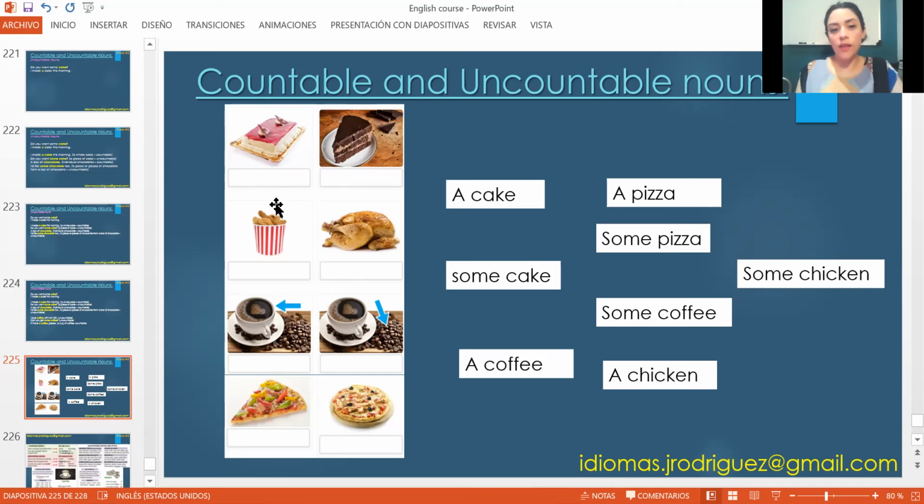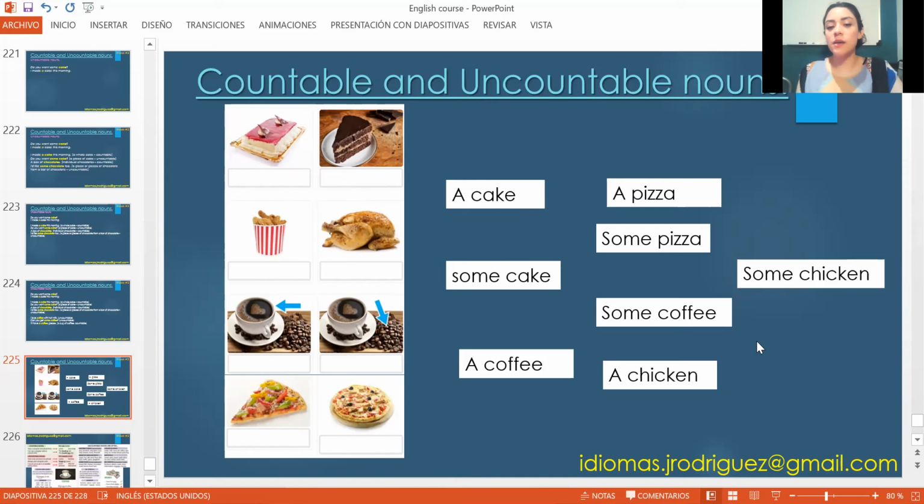Some cake. Este es pollo, un pollo o algo de pollo. Este es un café o algo de café. Y este es una pizza o algo de pizza.